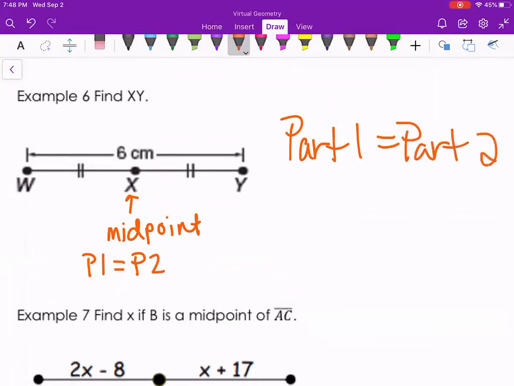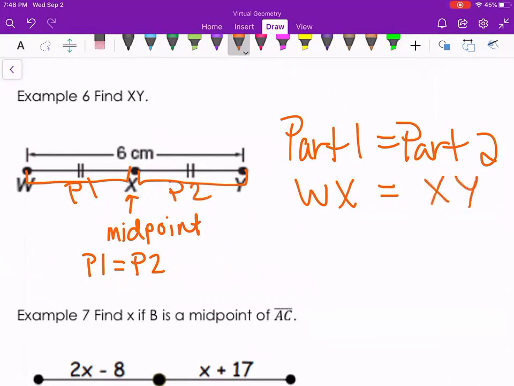Let's fill in what we know. Part one made up of WX. Part two, XY. And let's plug in. Now, here's the thing. All we know is all the way across is 6.